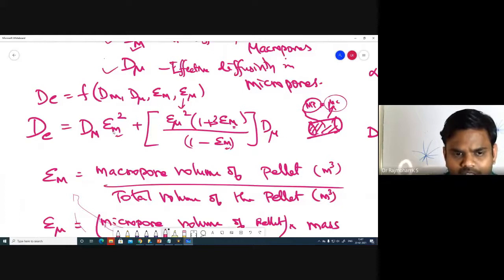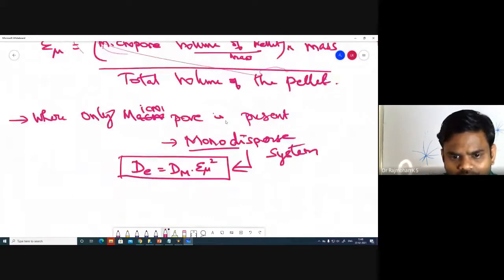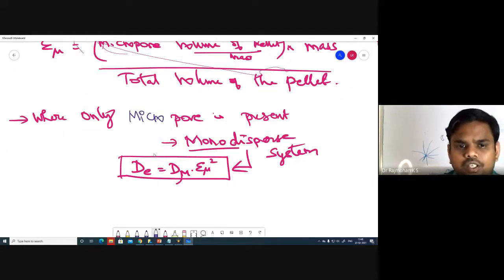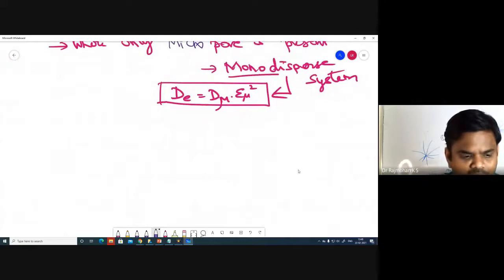When epsilon m is not there, the equation is going to be DE equal to Dμ into epsilon mu square. That's what we have written here. Yes, we are considering only micropore. For the other case you can write another, the mesopore system.